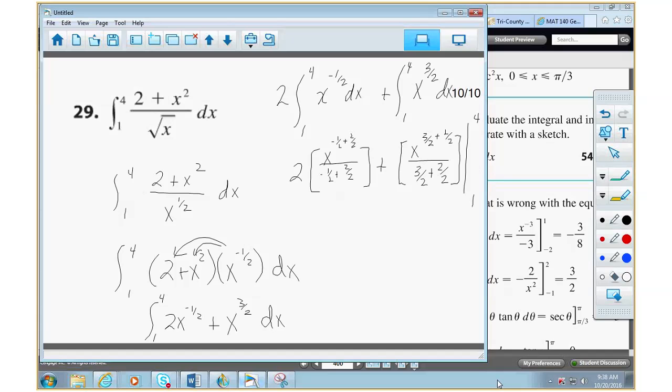So what's negative 1/2 plus 2 halves? Well, x to the 1/2 over 1/2, plus, what's 3 halves plus 2 halves? 5 halves. x to the 5 halves over 5 halves, evaluated from 1 to 4.